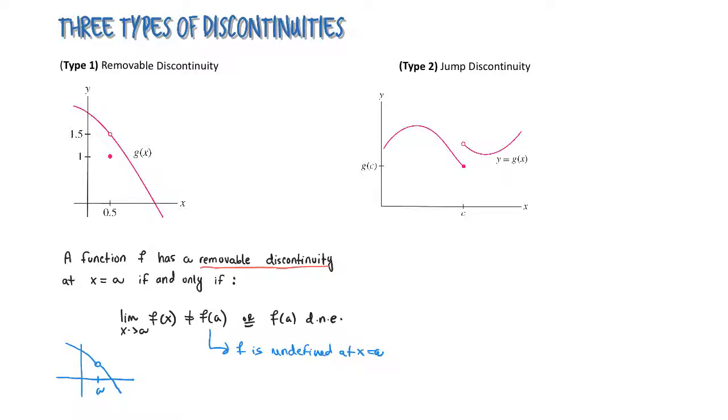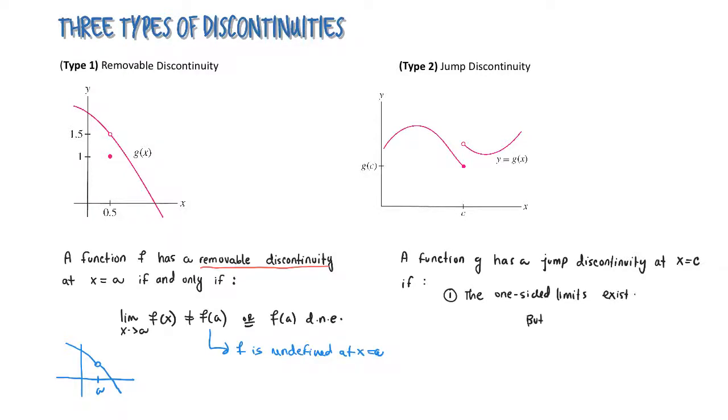So we are going to begin by saying that a function g has a jump discontinuity at, in this case, x equals c if the following is true. Number one, the one-sided limits exist.